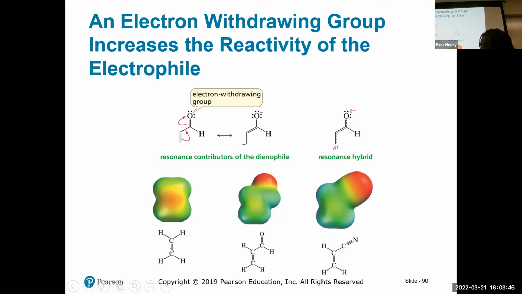So in the case of a double bond here, we're not going to have that electron withdrawal occurring in the case of just the hydrocarbon. As soon as we added that oxygen off of that carbon, then that's going to end up with a withdrawal happening. So we're going to get the formation of our resonance structures, right? And so we're going to end up with that partial positive and partial negative on that resonance hybrid.